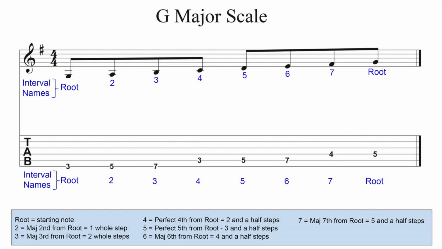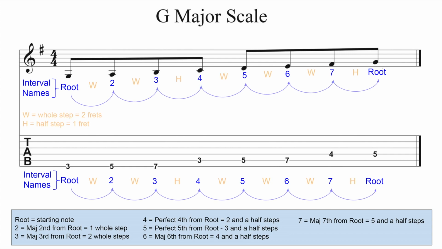I think intervals are the most useful way to think about scales, but you will often hear about scales being defined in terms of half and whole steps. Whereas intervals relate the first scale note to all other notes, we can also talk about the space from one note to the next. That is why you will sometimes see the major scale defined as W, W, H, W, W, W, H. That means whole step, half step, whole step, whole step, whole step, half step.